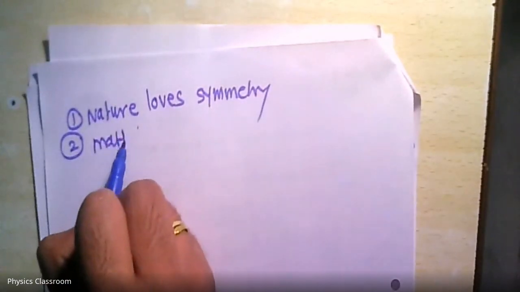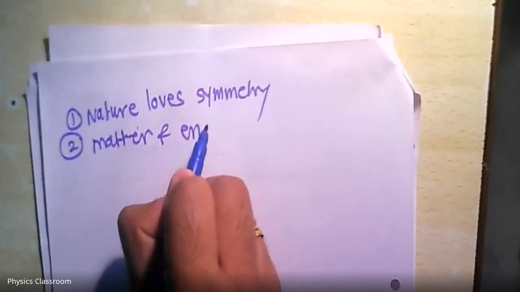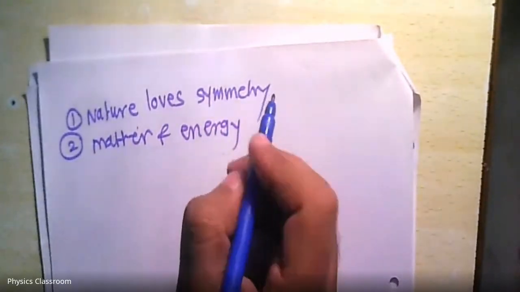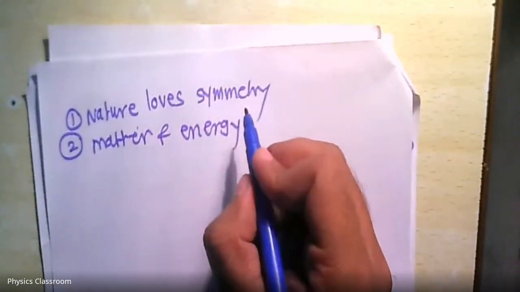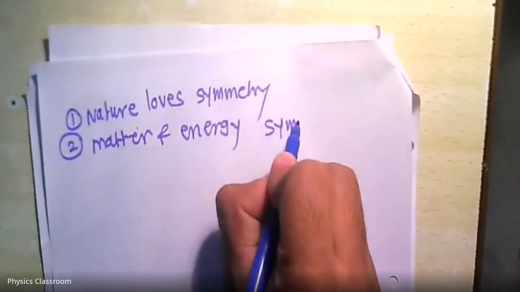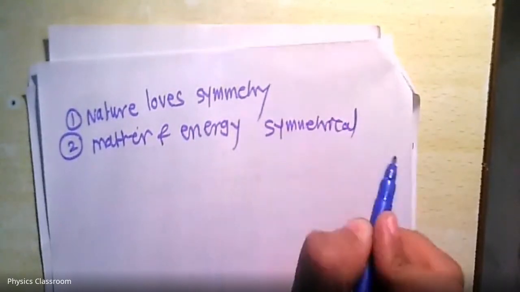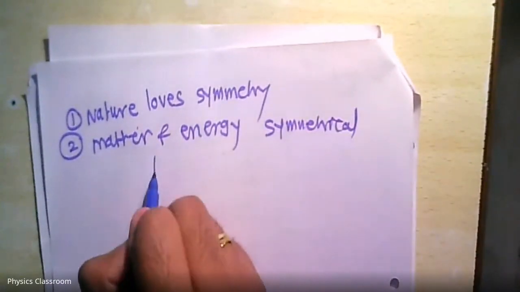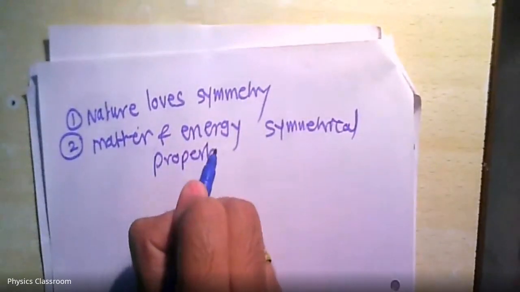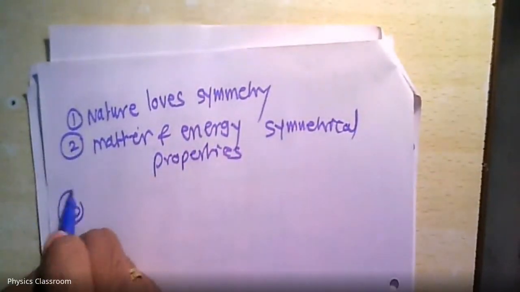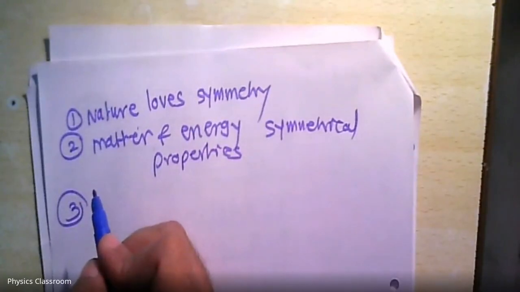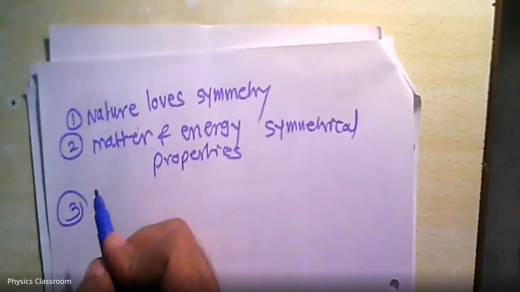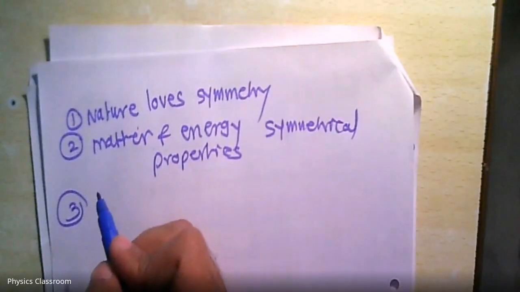The third point is that radiant energy behaves with wave nature and exhibits particle nature, so a material particle in motion must have wave nature.